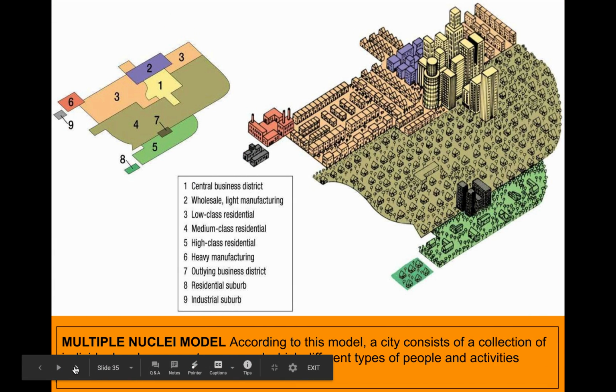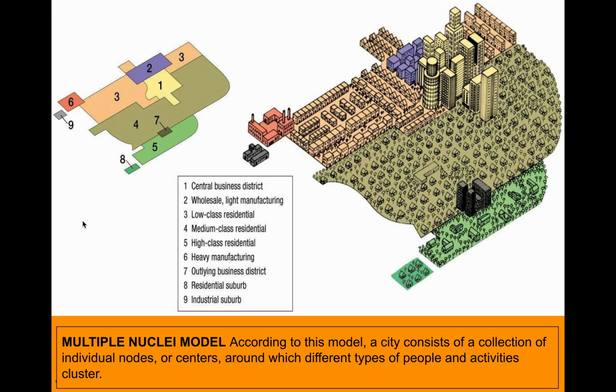When we look at the multi-nuclei model here, we can see those different economic nodes for clusters of developments. And then we can also notice that industry moves out to the suburbs. So we know this is the car era of the CBD. It's not an old CBD. And manufacturing right again along that urban beltline or urban loop.